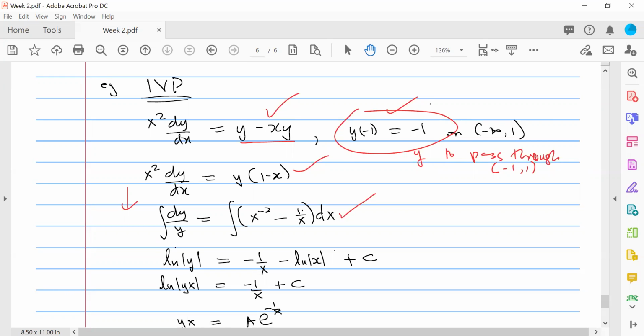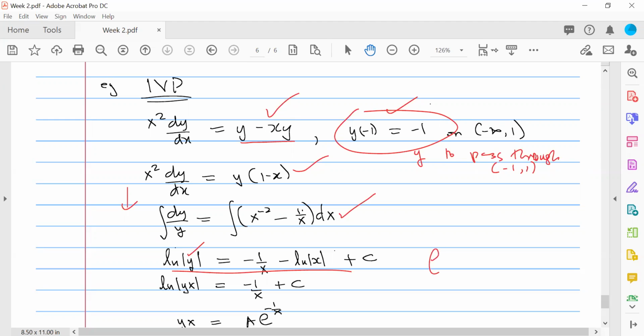At this point I have this solution here, but I want to make y the subject of the formula. So basically, I need to apply the exponent to both sides.